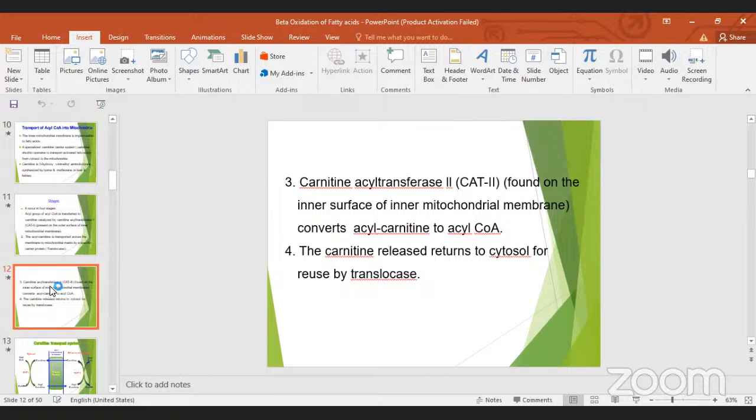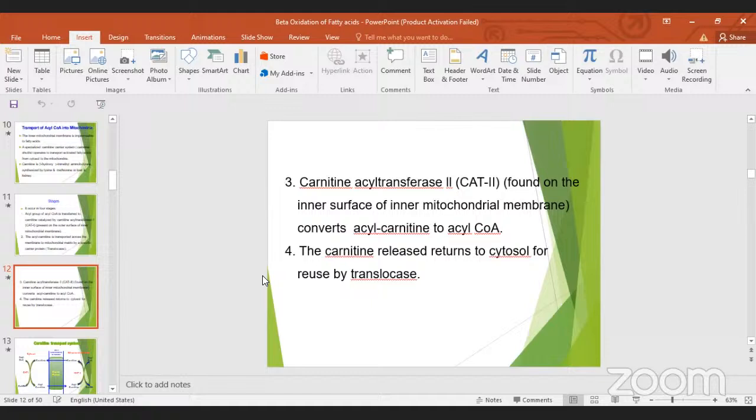You can observe the CAT2, carnitine acyl transferase. The acyl carnitine is converted into acyl coenzyme A. Now, these two transfer into the acyl CoA.